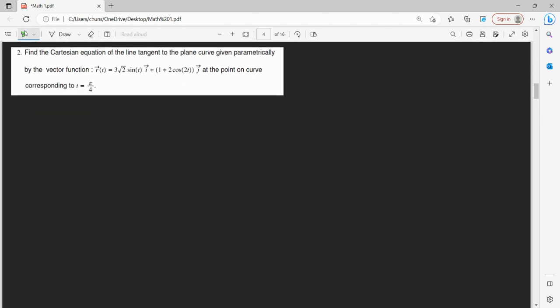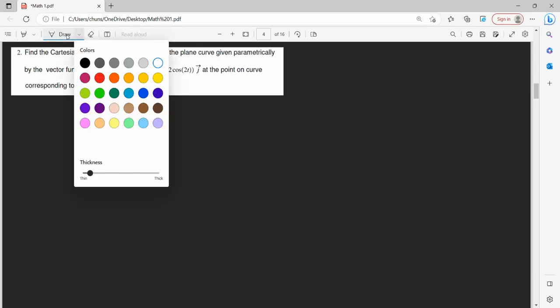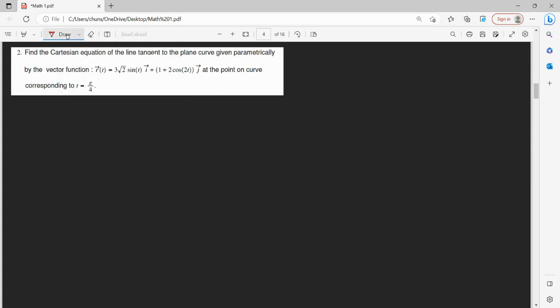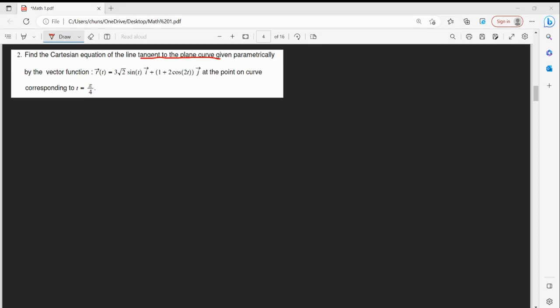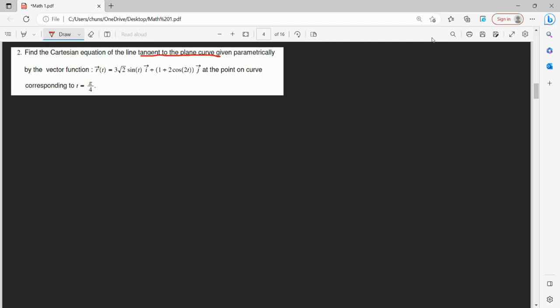So now we're asked to find the Cartesian equation for the line tangent to the plane curve given parametrically as such at this point. So this question has a couple more steps in it than we are usually used to. So first thing I want you to be aware of is this equation right here.